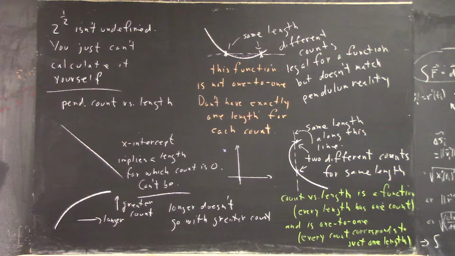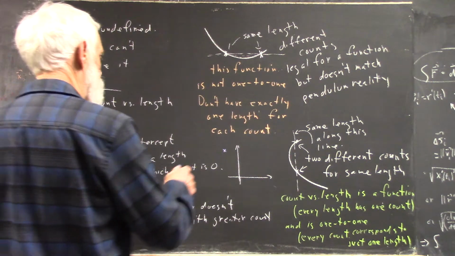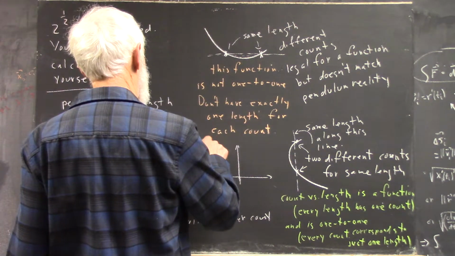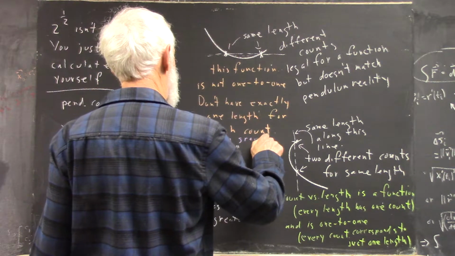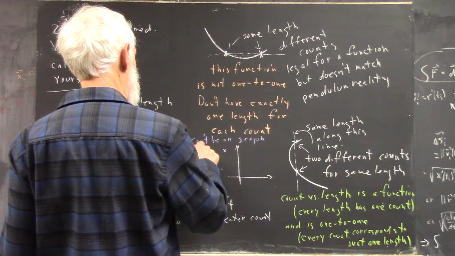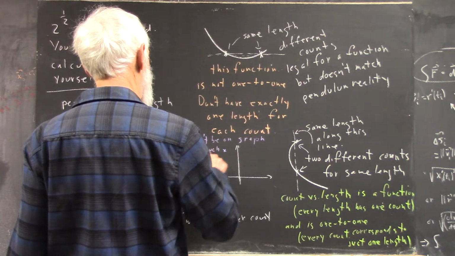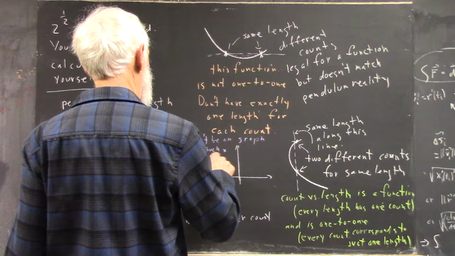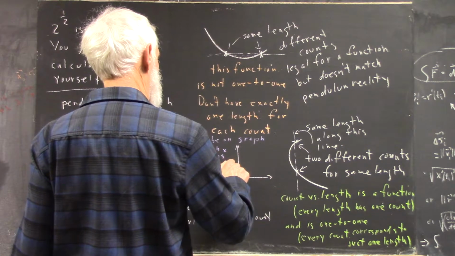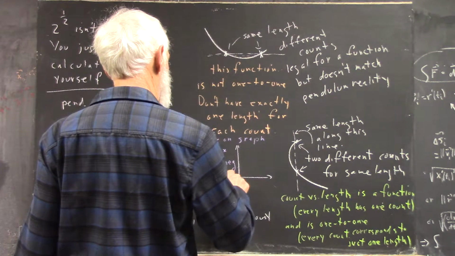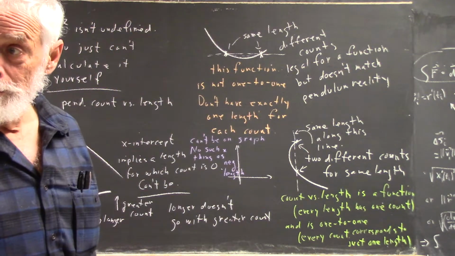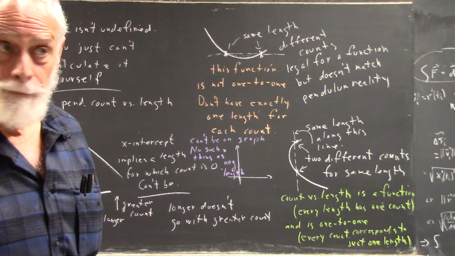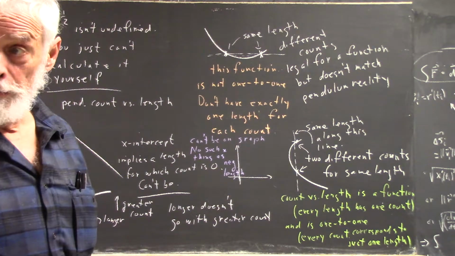You can't have a negative length, right? No such thing as a negative length. Also, there's no such thing as a zero length, right?